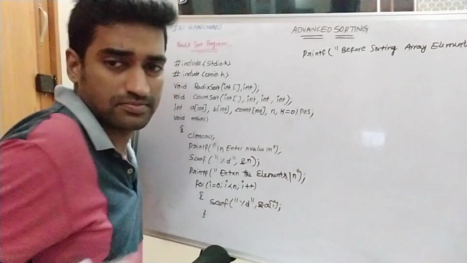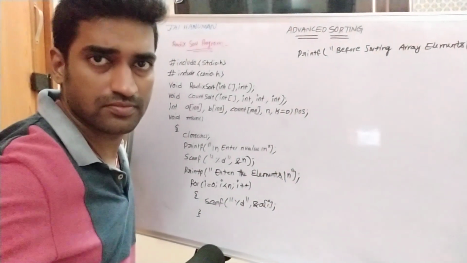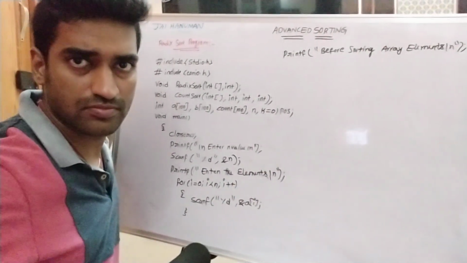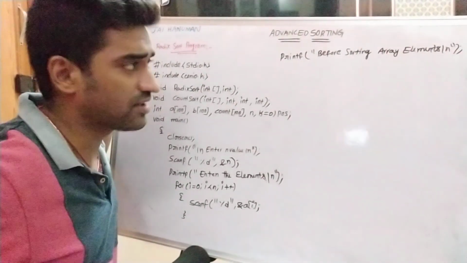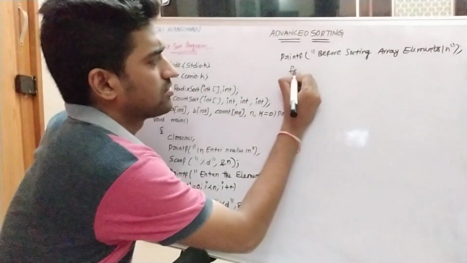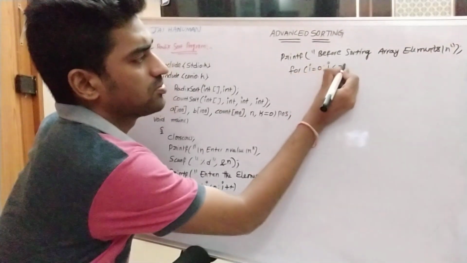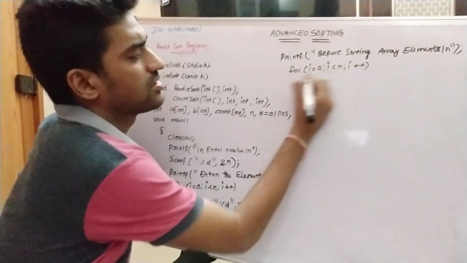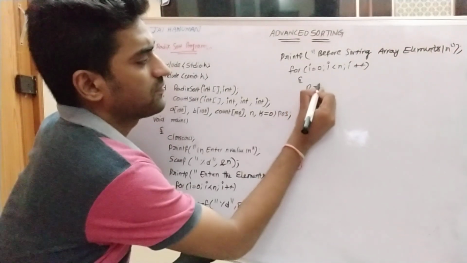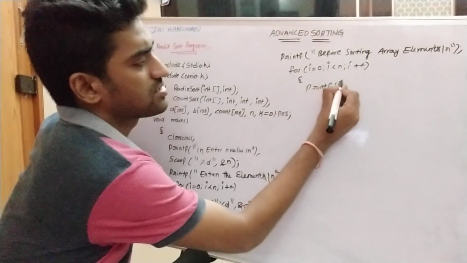So here, before sorting array elements, the same operation is performed repeatedly. We are taking a loop and printing all the elements in the array. So printf %d.